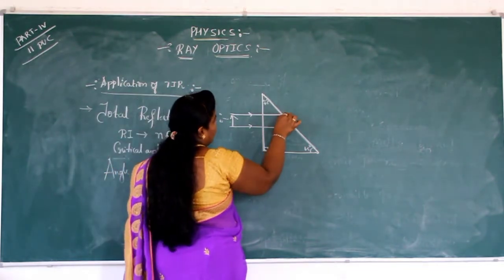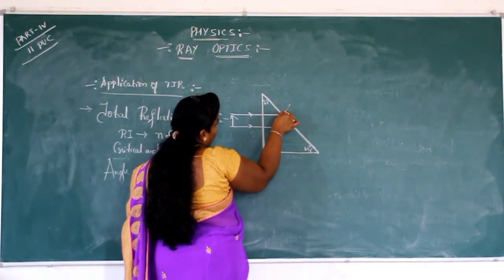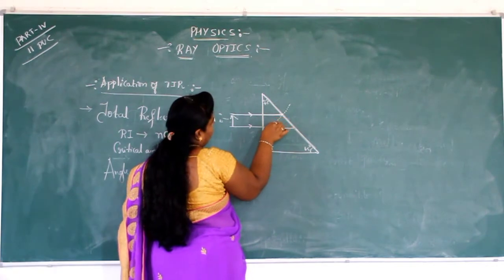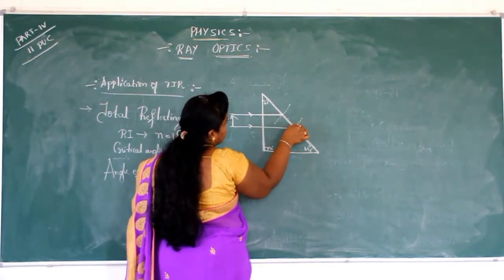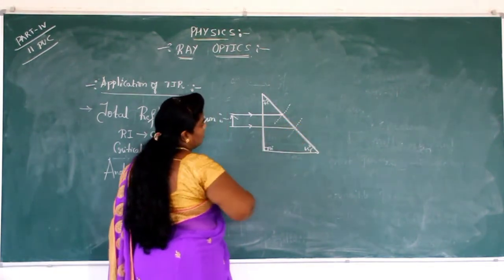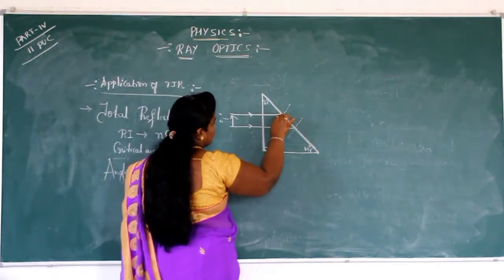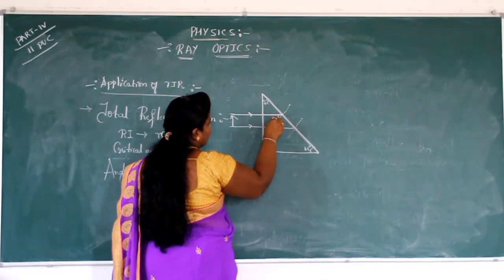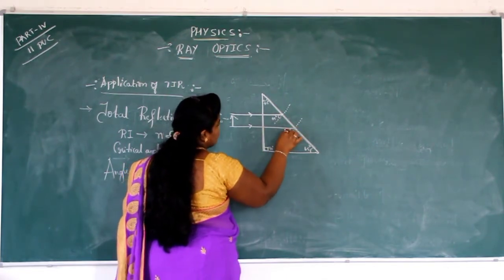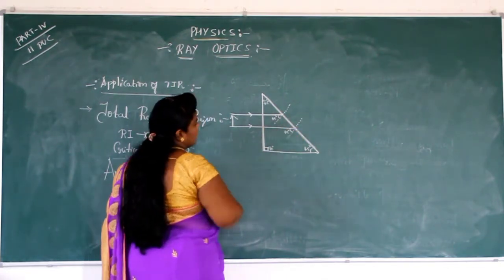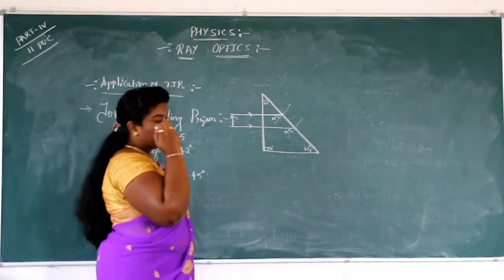Here at the point of incidence I am going to draw the normal. Here also at the point of incidence I draw the normal, right? So this is 45 degrees, the angle of incidence, and here also it is 45 degrees, the angle of incidence.